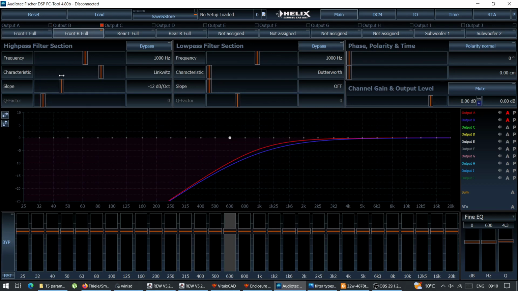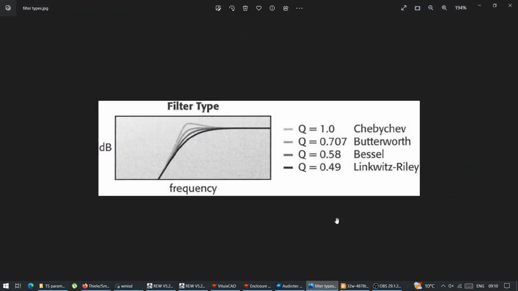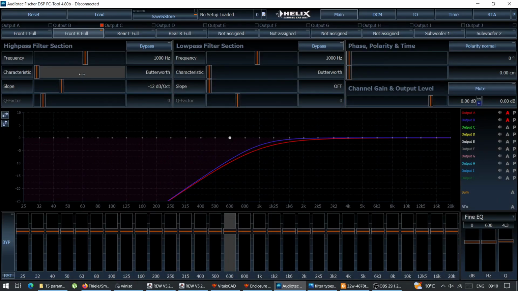And if I go here, where's the Bessel? Bessel. 0.6 is just the frequency. For some reason it doesn't match, but see, it matches perfectly. 0.6, Bessel, 12 dB.